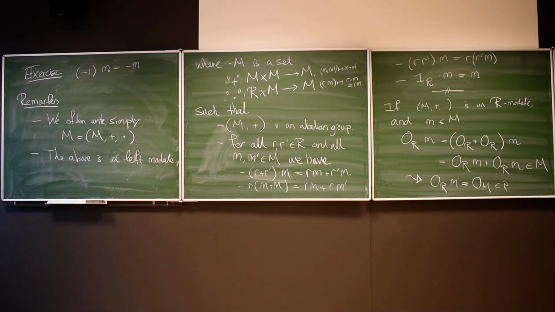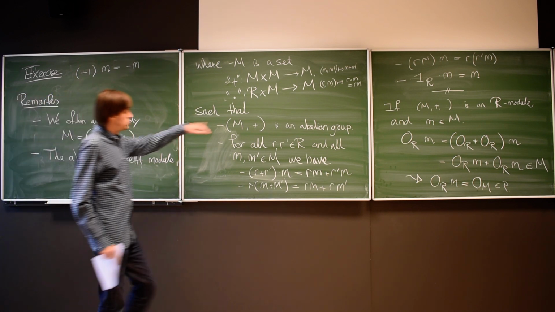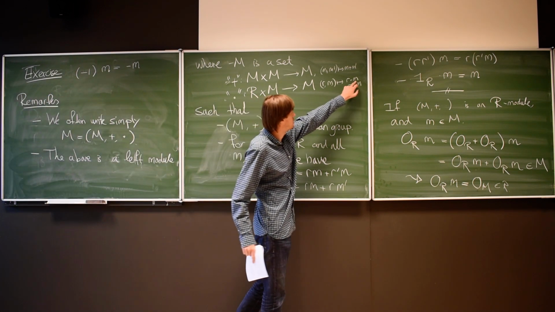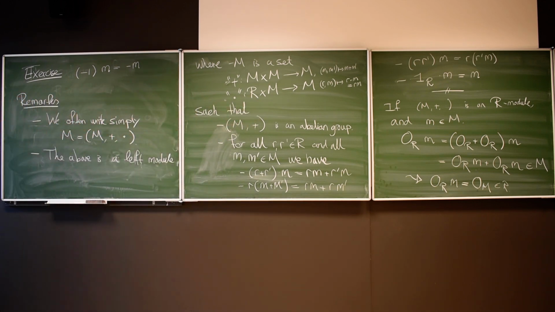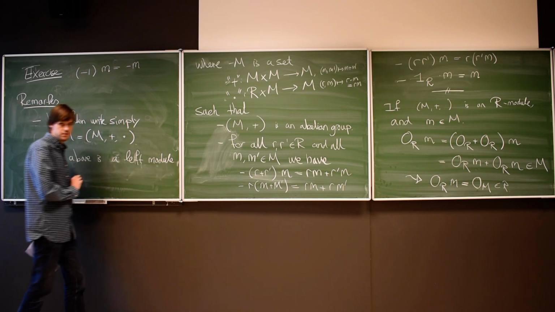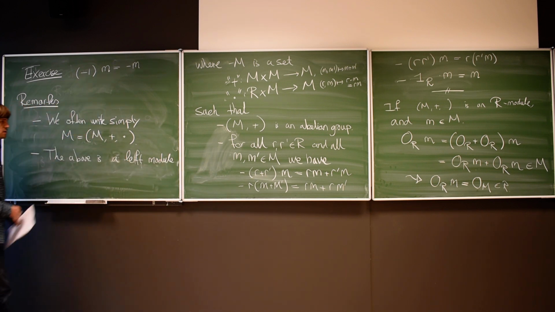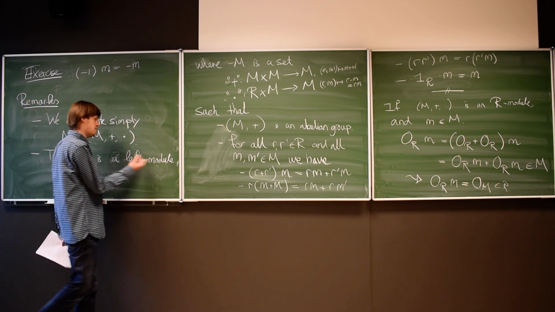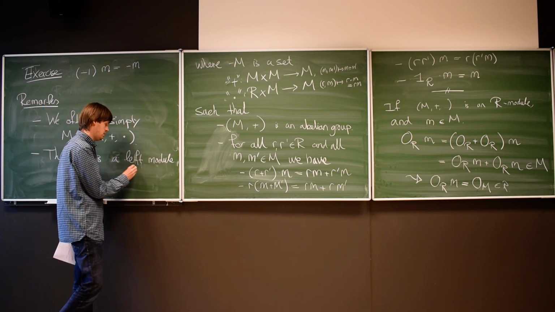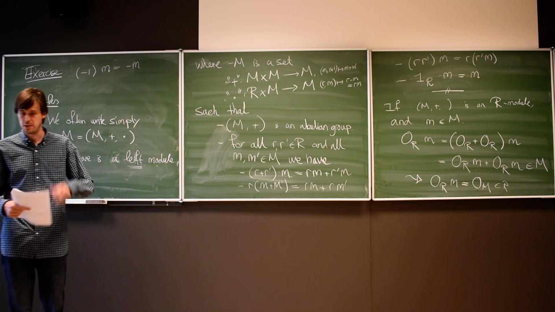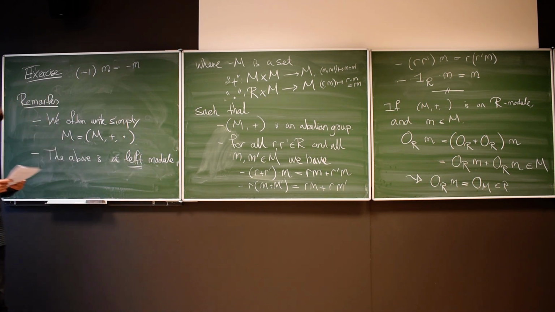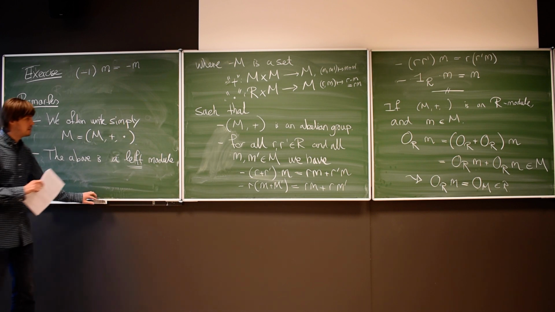So you can also devise modules where you allow multiplication on the right. These are slightly different. I'll come back to that later. But in this course we will have the convention that whenever we say let M be an R module, then it is a left module, unless we really explicitly say we want to have a right module.